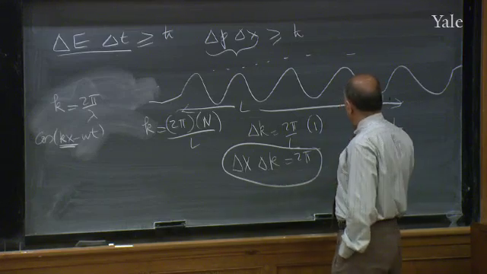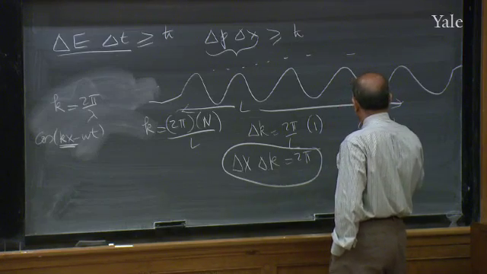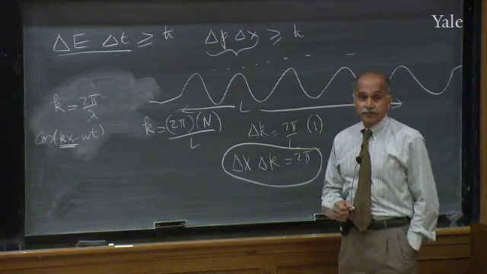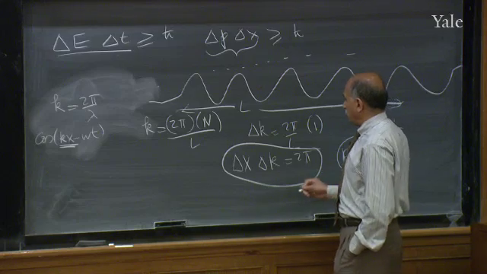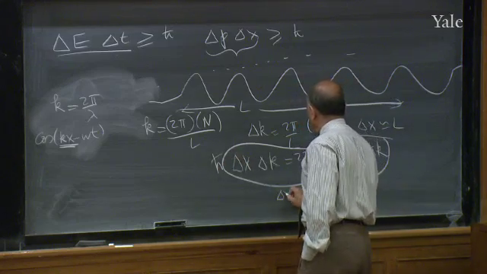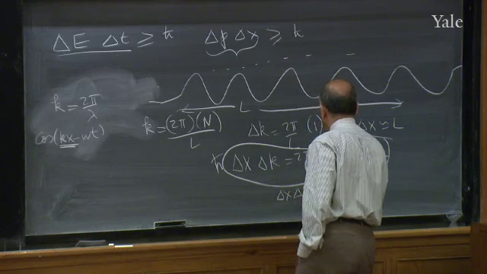Quantum mechanics comes in with a new relation that the momentum of a particle is connected to this wave number by h bar k. You multiply both sides by h bar, and then it becomes delta x delta p is roughly of order h bar.